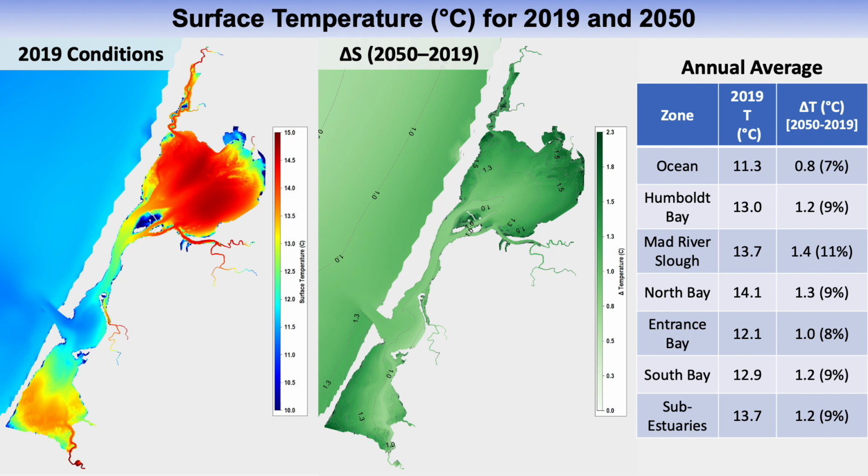There's a delta change, which shows the relative change of the future condition compared to 2019. So you just take 2095 and subtract 2019 from it. And then there's a summary table that summarizes these slides for the average bay and then the sub areas.